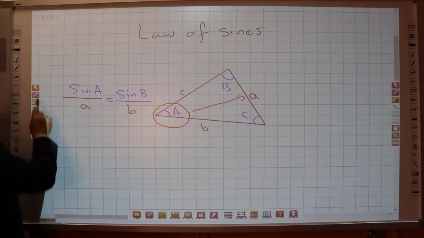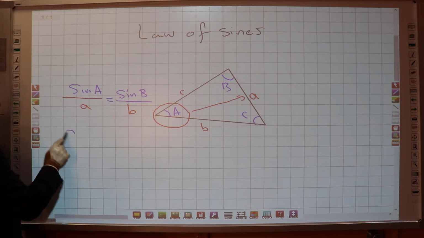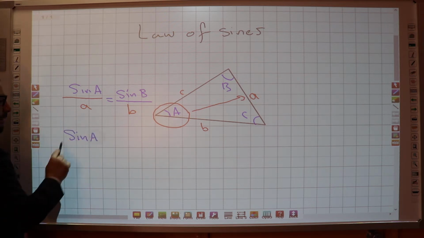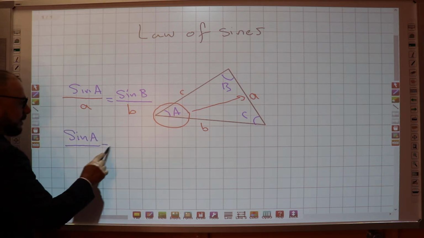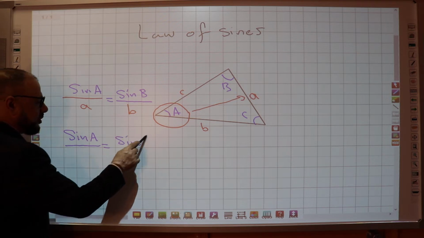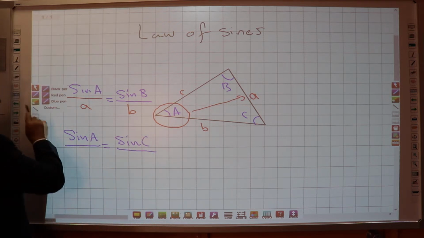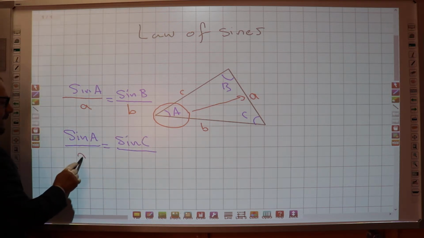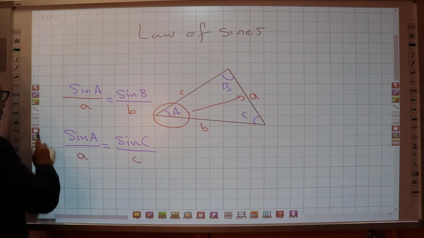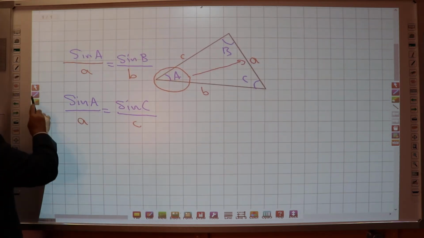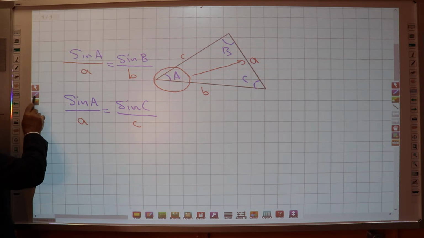You can take another angle. You can take sine A over a and sine C over c. Or you can take any other, B and C together.